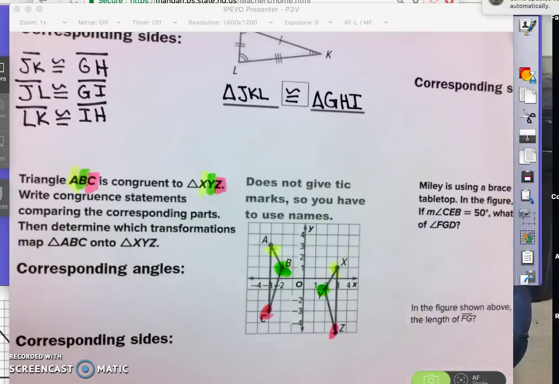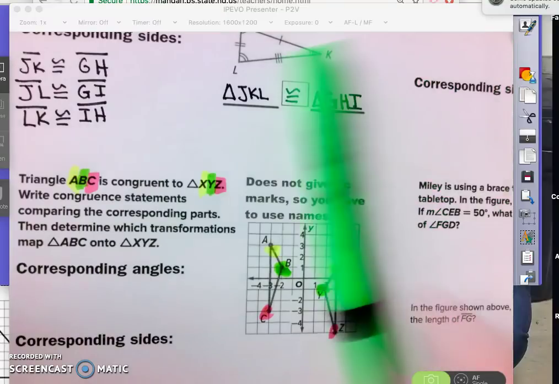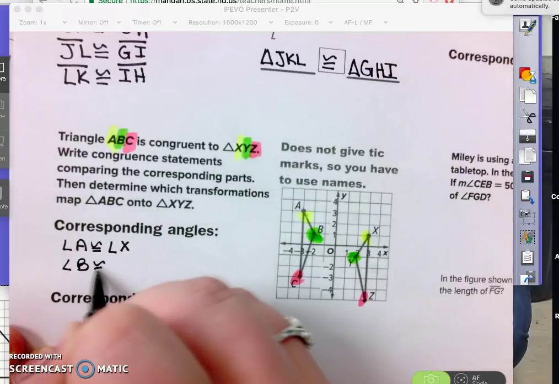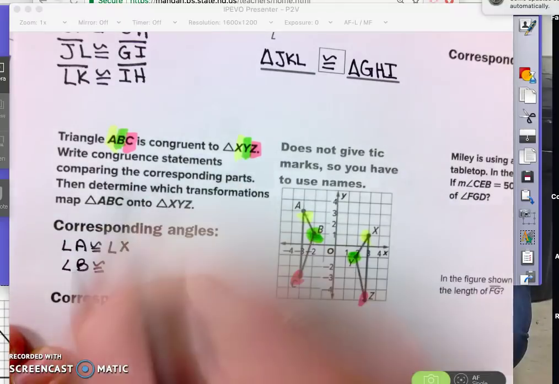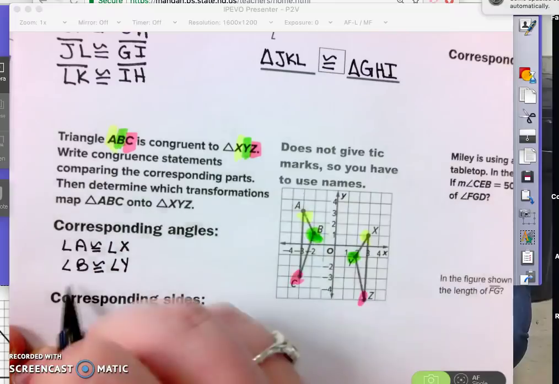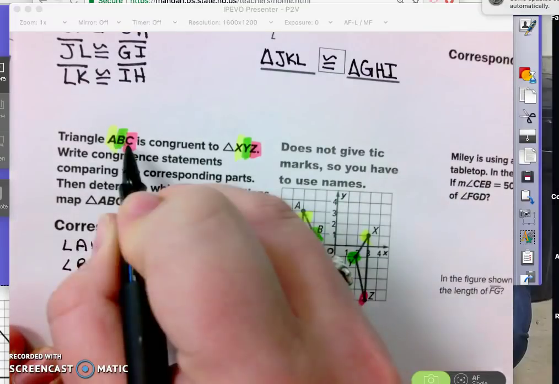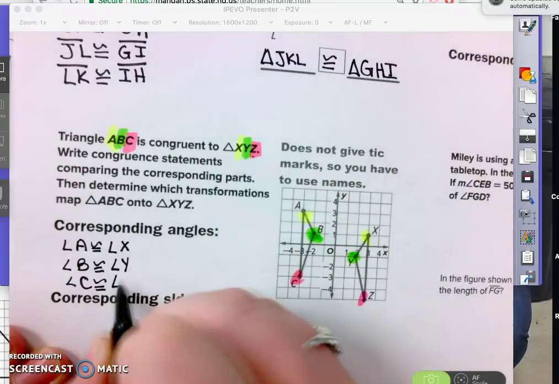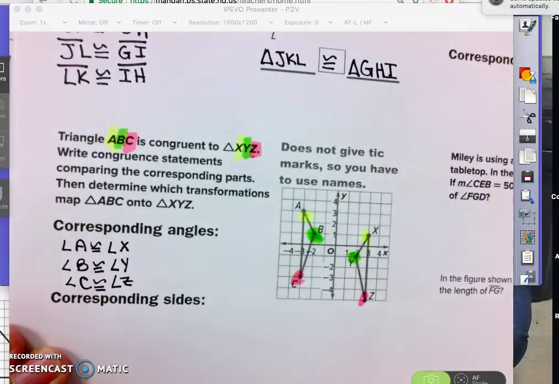Alright, so first we can start with pencil. Almost running out of time, so let me try and finish this one. So I'm actually just going to be writing angle B congruent to angle Y. I'm going straight off of here. C is the third one. Third one here is angle Z. So there's my congruent angles.